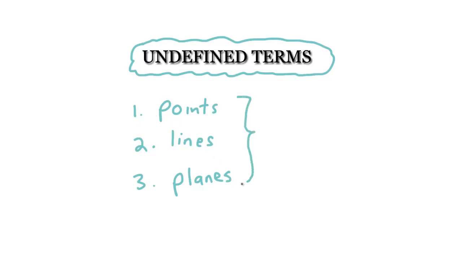For example, we can talk about points, or lines, and planes. Think of these three items as the building blocks or the alphabet when we talk about the vocabulary for geometry.